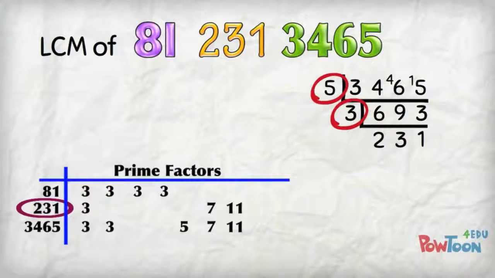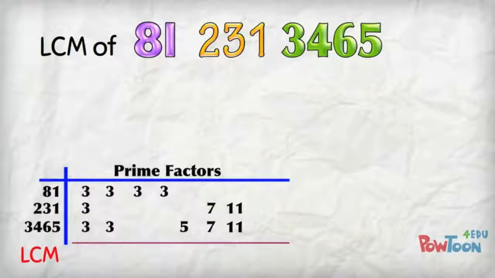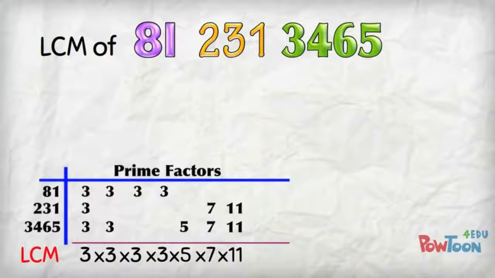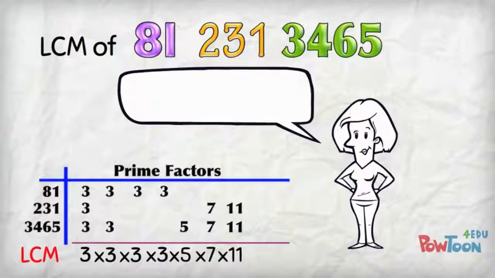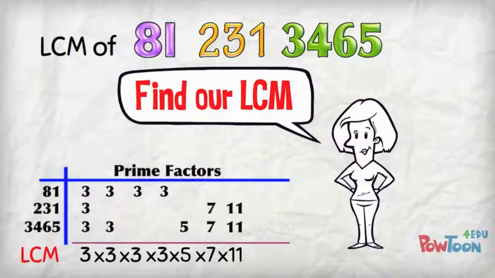So the factors of our mystery LCM are 3 times 3 times 3 times 3 times 5 times 7 times 11. And now we use those factors to find our mystery LCM.